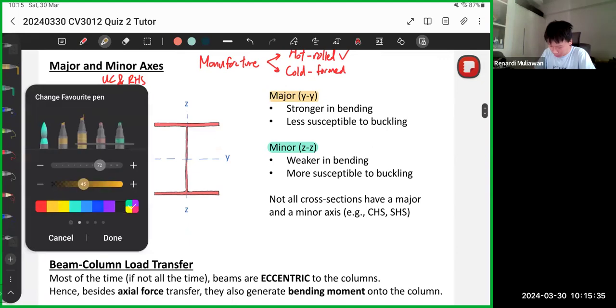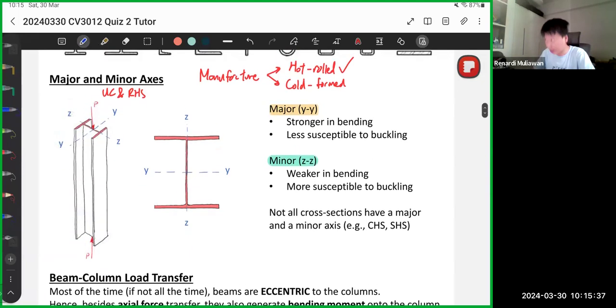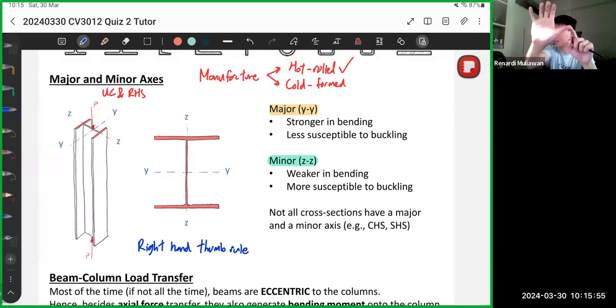So how do you read ZZ and YY? We use the right hand rule, the thumb rule to be exact. So if you put your fist like this, the thumb is the axis, the fingers are the rotation direction. So YY means rotation in this axis, in the YY axis.